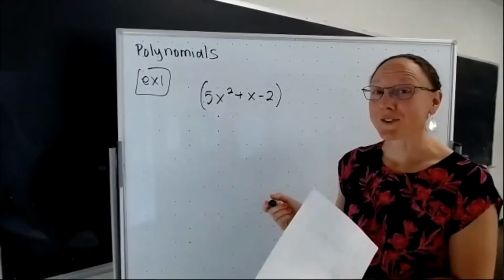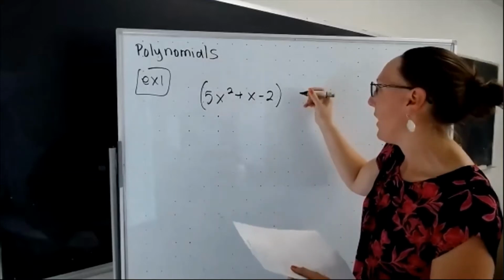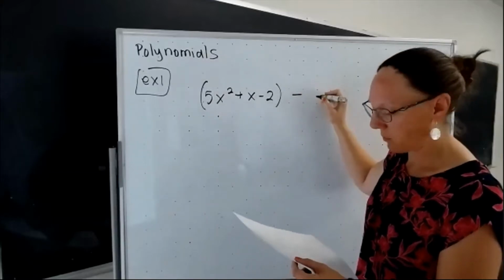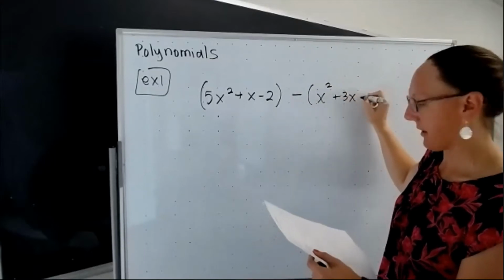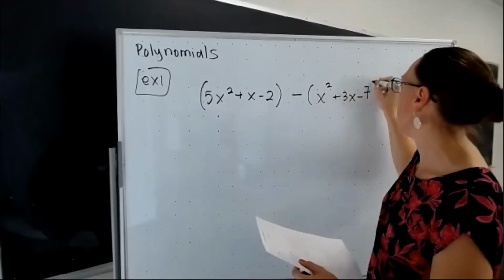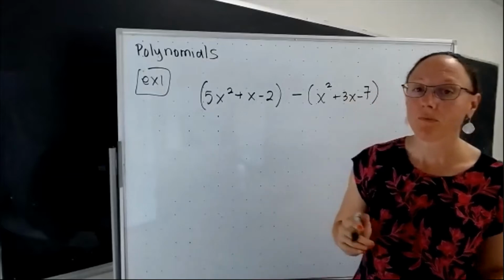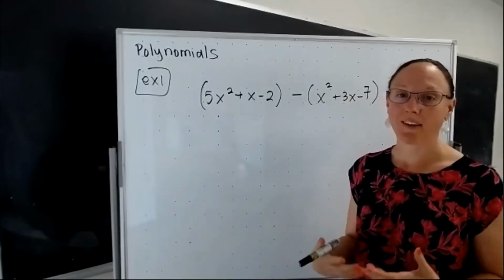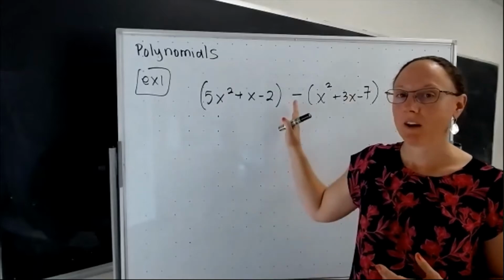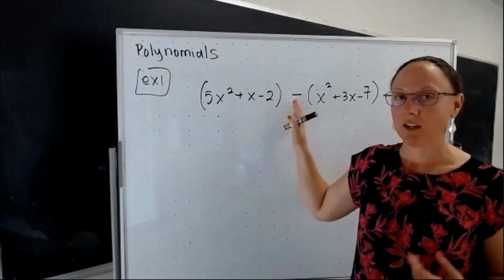So I've got 5x squared plus x minus 2. And from that entire piece, I'm going to subtract off x squared plus 3x minus 7. I have to have the parentheses in this problem because of the subtraction.